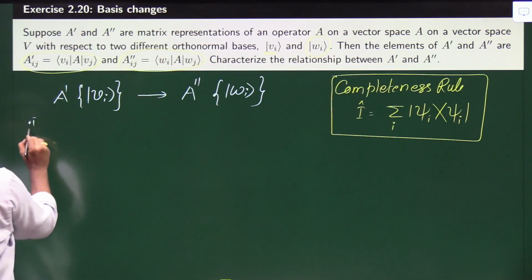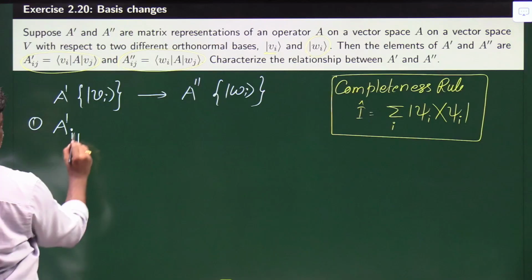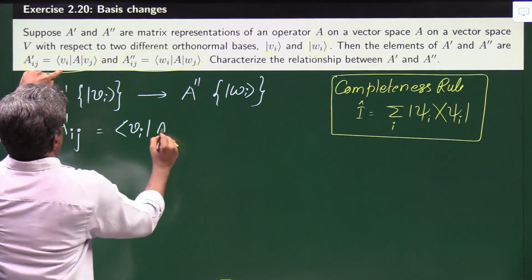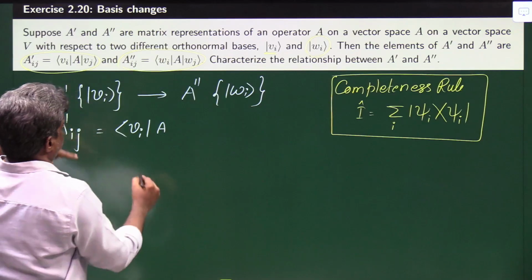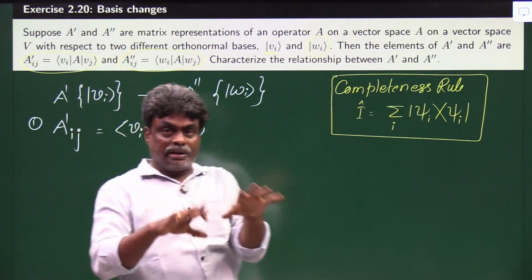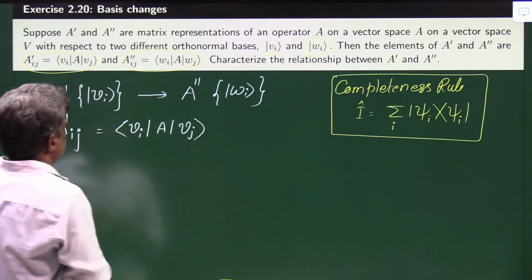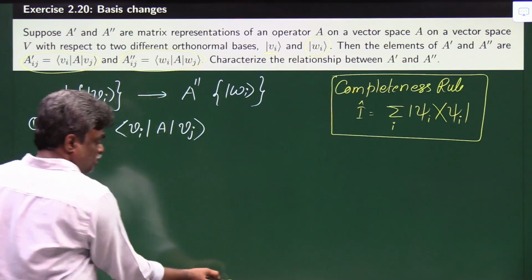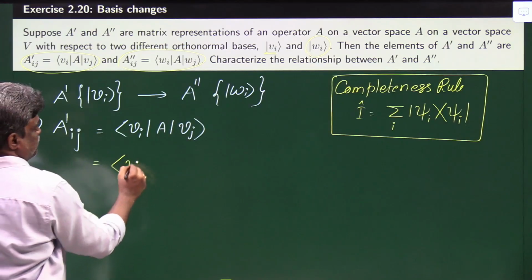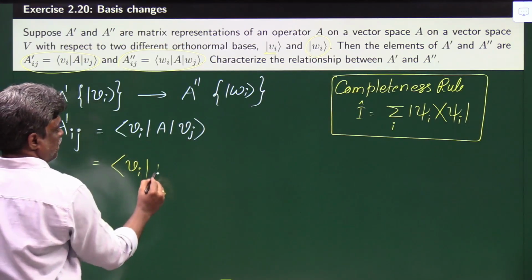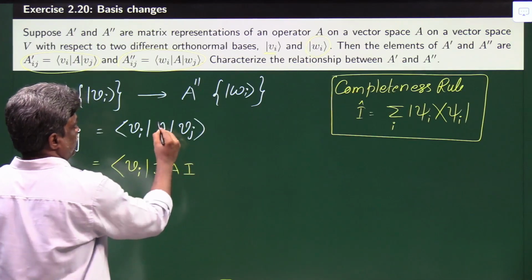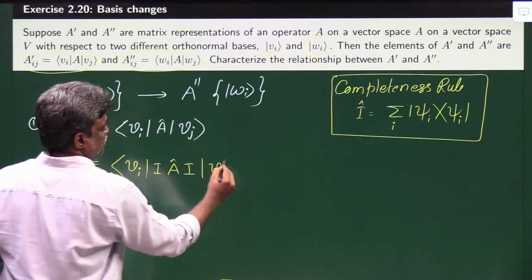Now let me take this matrix element A prime ith row jth column equal to this one. So Vi A Vj, because we are representing the same operator in two different bases. Now we would like to transform into this basis. That's why it is better to write this as Vi, write one identity here, A operator, and one more identity, so into Vj.